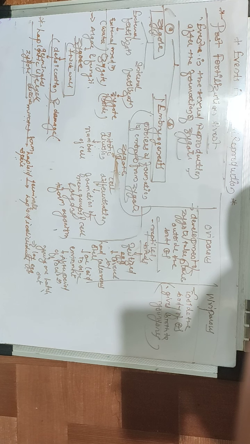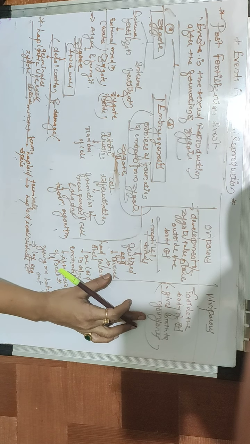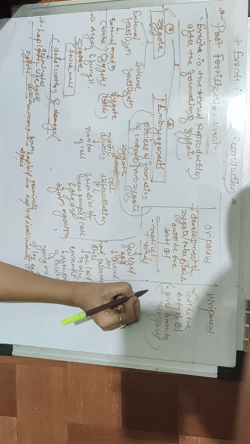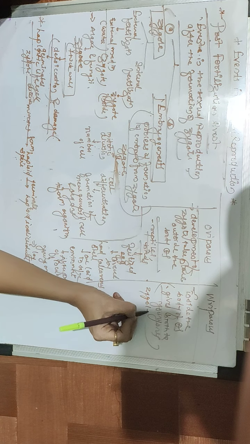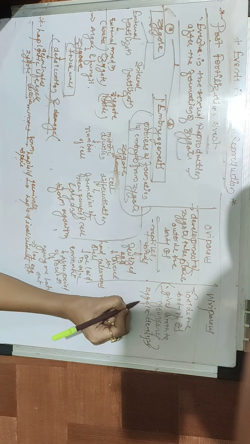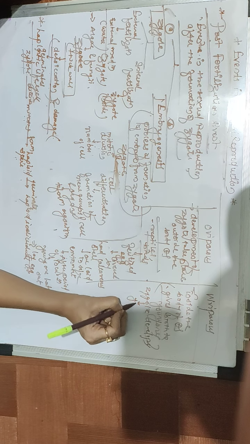Because of proper embryonic care and protection, the chances of the young ones' survival are greater as compared to oviparous organisms. Are you getting what I'm saying? Again, in viviparous animals, the zygote develops into young ones.